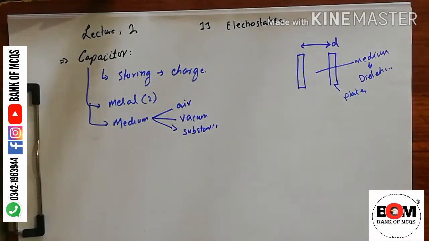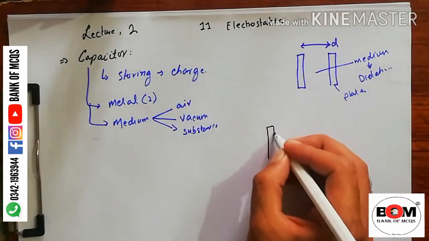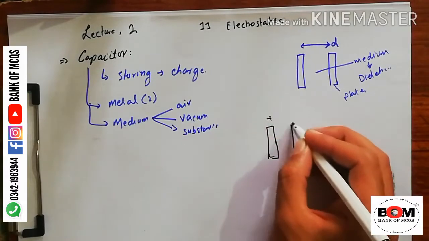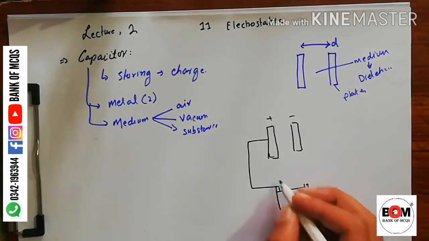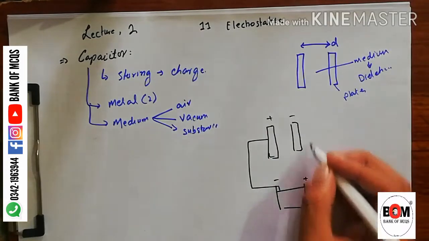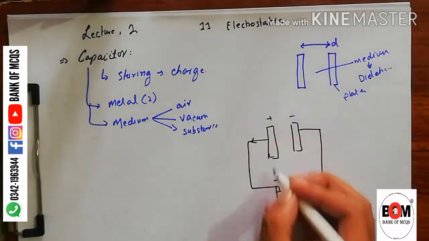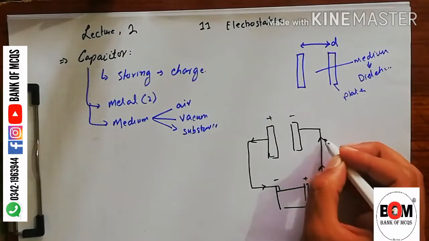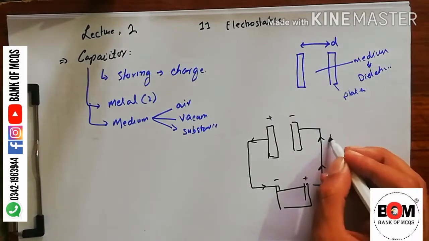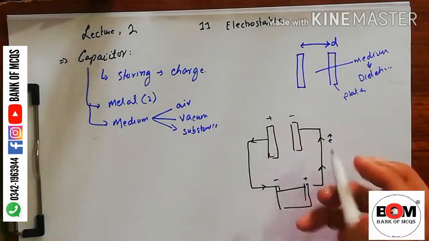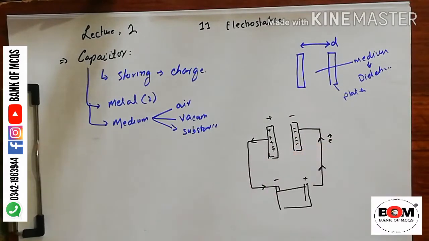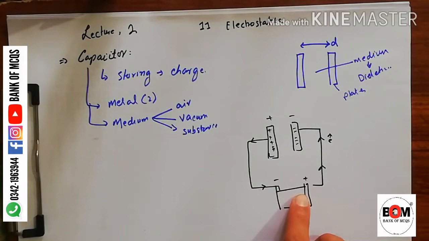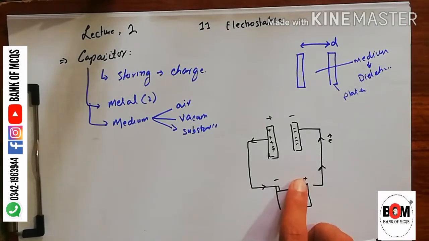Now to charge the capacitor, the two plates, one positive and the second negative, are connected to the opposite terminals of a battery, positive with negative and negative with positive. In this way, electrons are transferred through the battery from the positive plate to the negative plate.